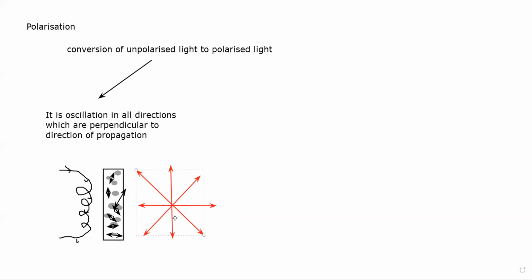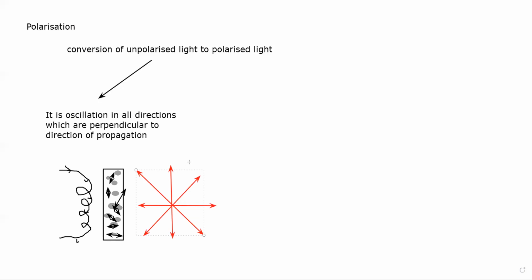But when you're looking at the light which is coming out from the filament, you don't see vibration in a horizontal plane or vertical plane. You see it as a light because you're not able to detect the light waves as they have very high speed and frequency.